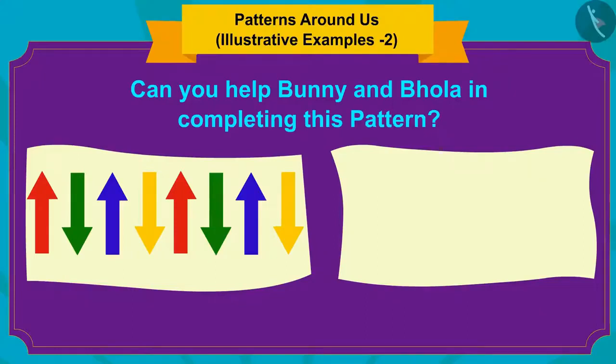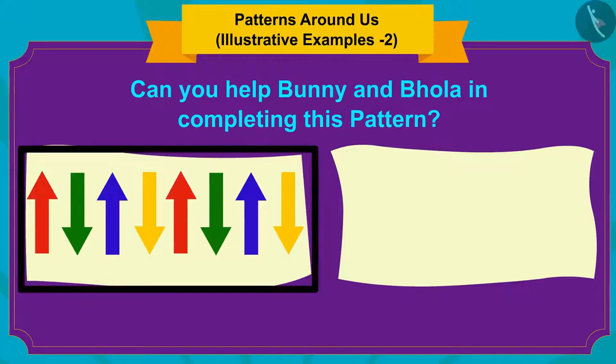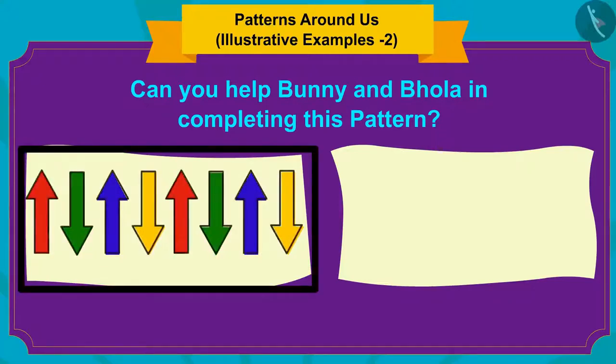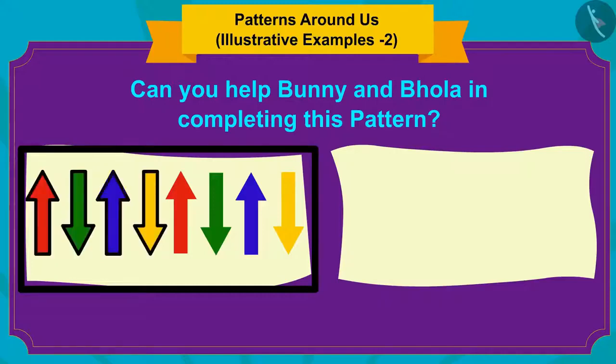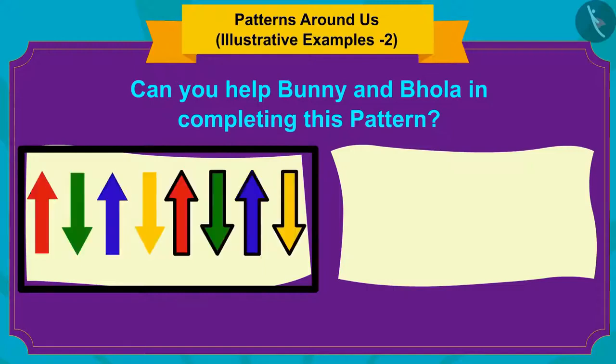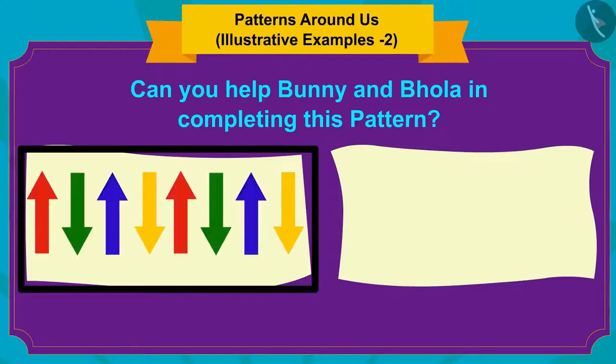Well done! Your answer is absolutely correct. Here, in the pattern of the curtain, a group of such red, green, blue and yellow arrows is repeated, thereby making the pattern.